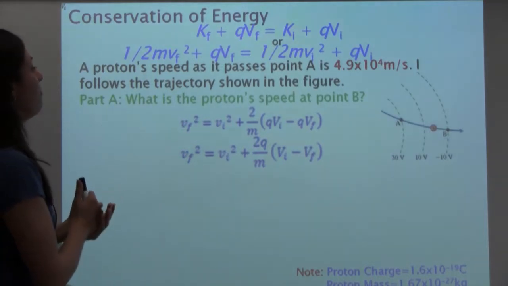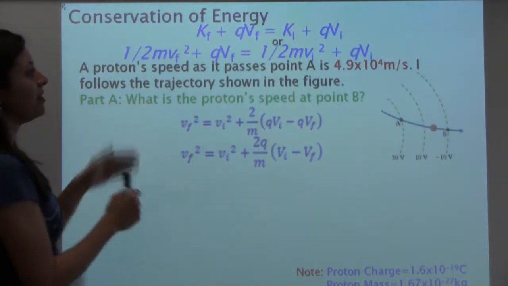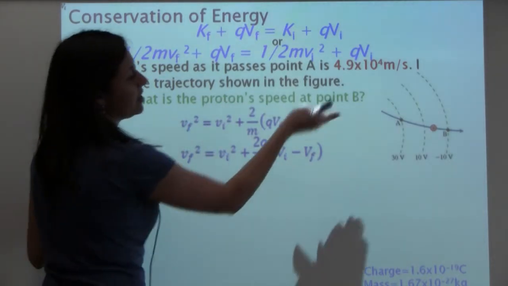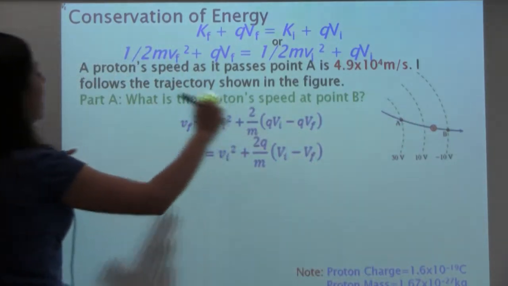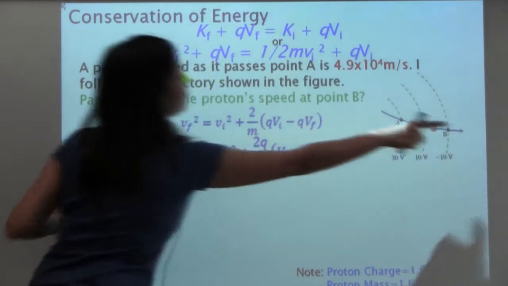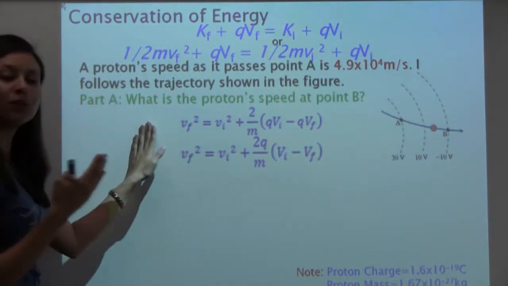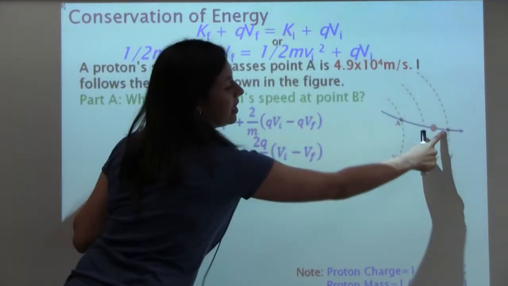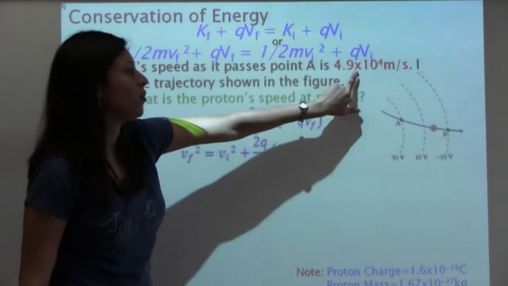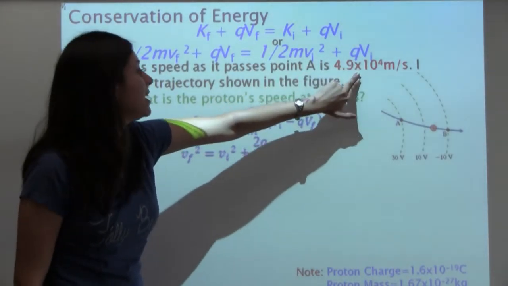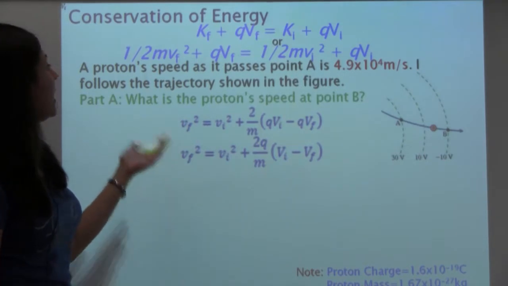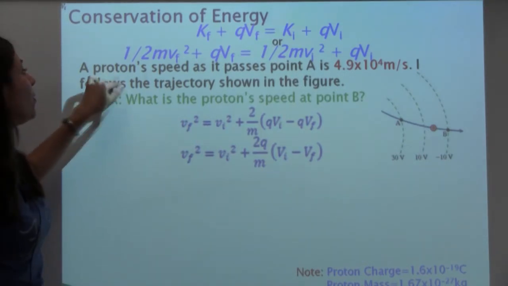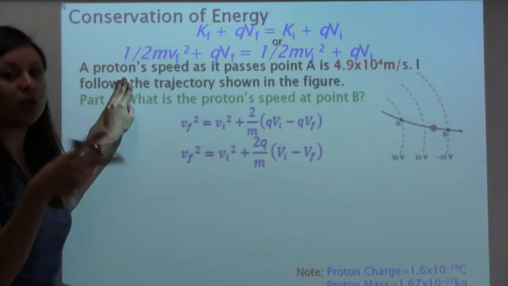We are asked, well, a proton's speed as it passes point A is a given velocity and it follows the trajectory shown here. Okay, and then it asks what is the proton speed at point B. We're given our velocity here, 4.9 times 10 to the 4th meters per second, and we're also given that it is a proton, so that gives us two additional amounts of information.